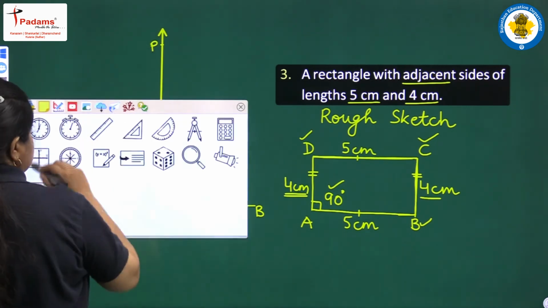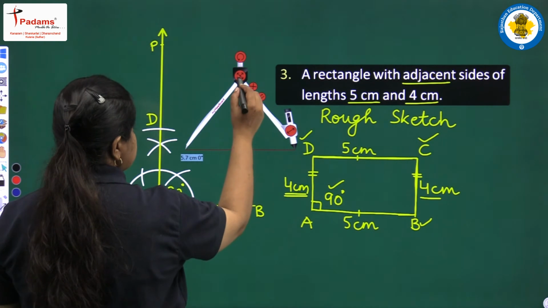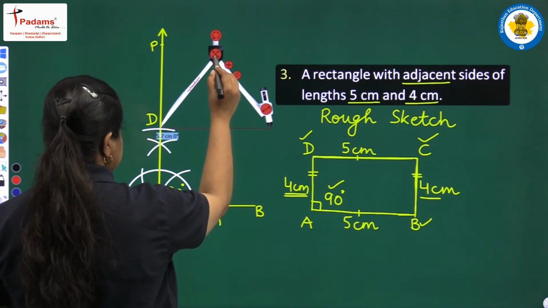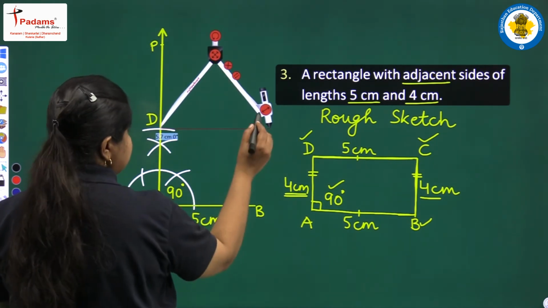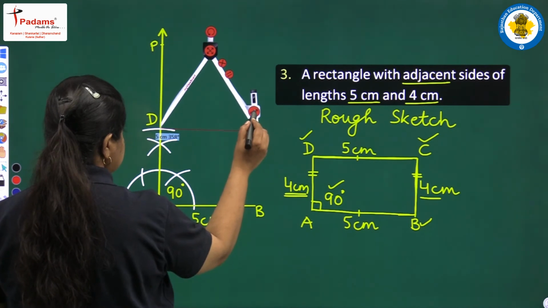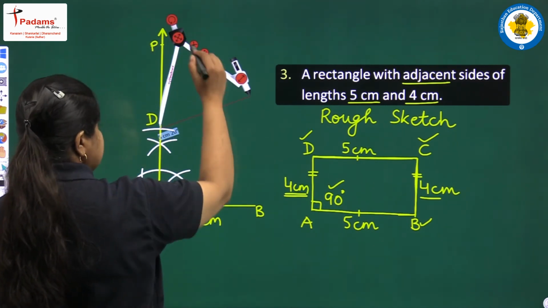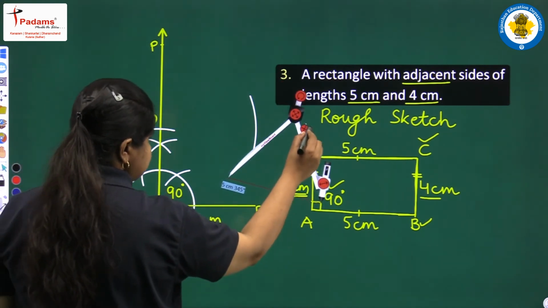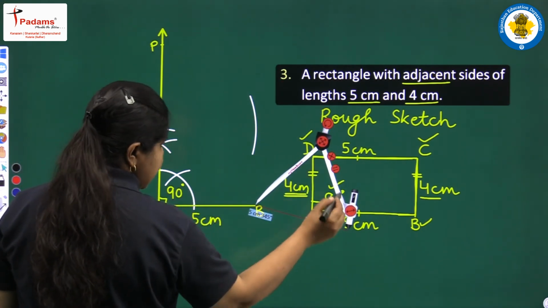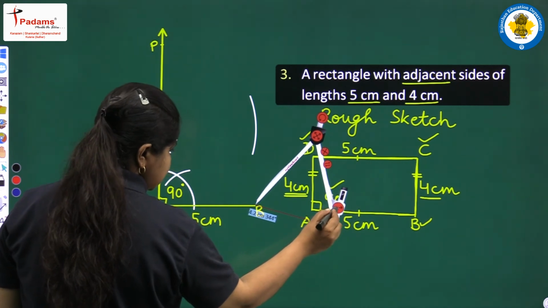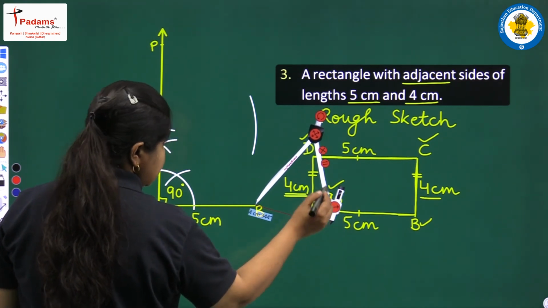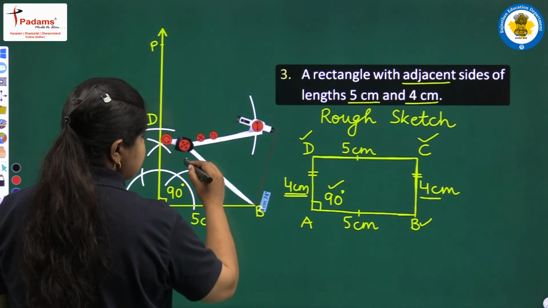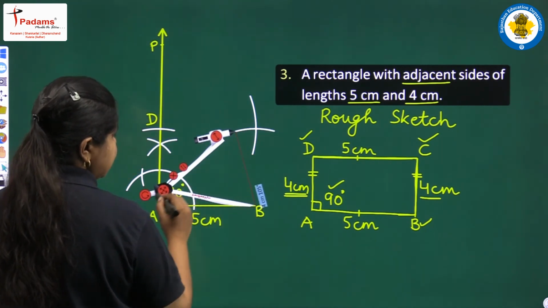For this again taking the compass, keeping D as the center and taking the radius 5, we will draw one arc in this way. Then taking B as center and radius 4, we will draw another arc in this way.